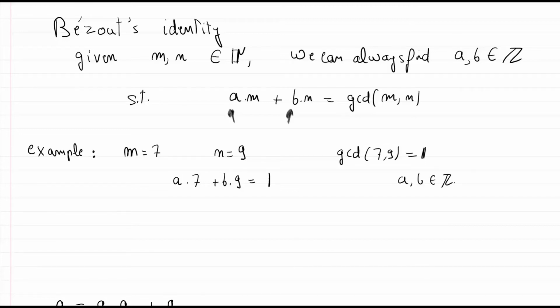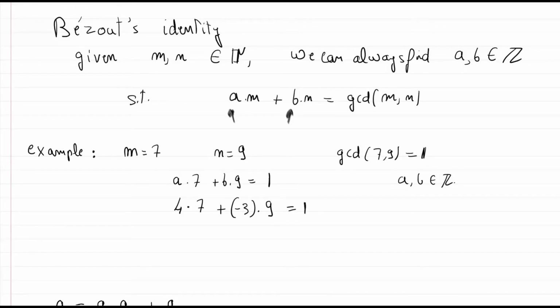So in this case, we can guess and try. We realize quickly that 4 times 7 plus negative 3 times 9 in fact equals 1, because this is 28 and this is negative 27.